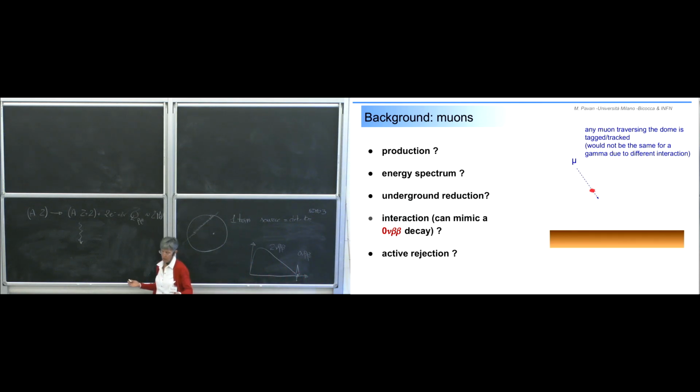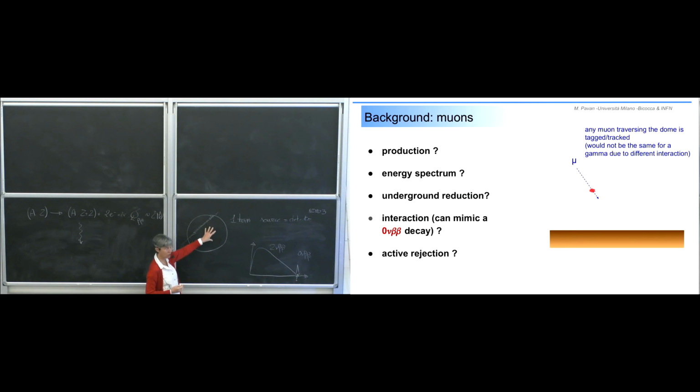It can be done with a plastic scintillator, or in a lot of double beta decay experiments, and not only double beta decay experiments but also neutrino experiments, it can be done with a Cherenkov detector or with a liquid scintillator. The point is that you need a big volume.